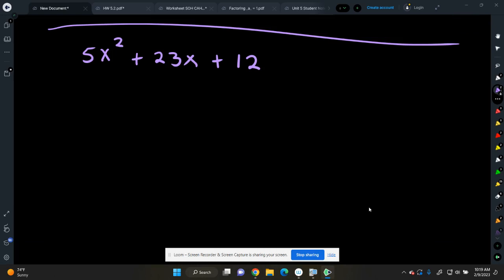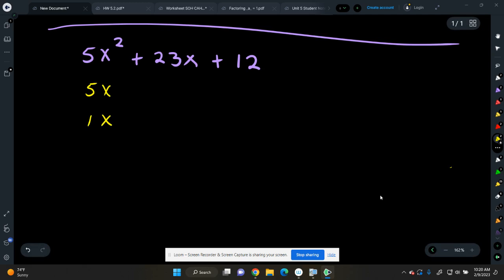If you didn't finish, that's okay. I have a question. Does it have to be a negative? No, in this case, they both have to be positive. Okay. Tony, how did you factor the 5x squared? Yeah, 5x and 1x. Good.